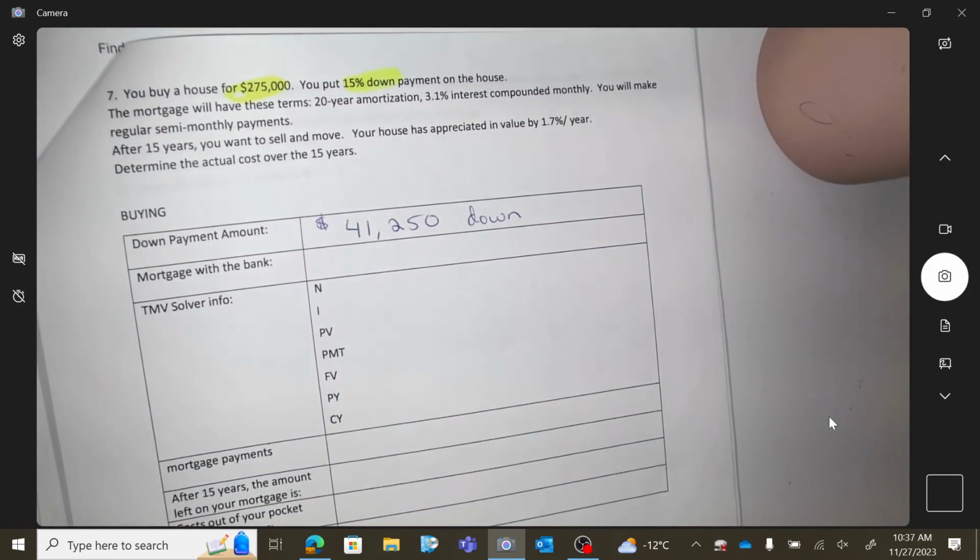So that's why people have to save up to buy a house, right? The bank says we need a down payment from you, and that's a lot of money. Okay, so then how much do you have to borrow?